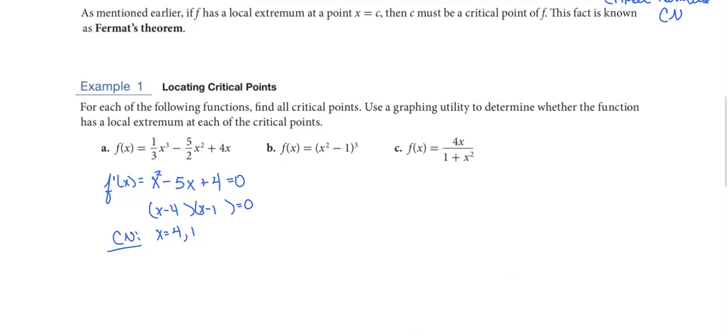Let's look at this one. We're going to take our derivative. We're going to use the chain rule: bring that exponent down, subtract 1 from the exponent, and take the derivative of the inside. I'm going to clean this up. So this is 6 times x squared minus 1 quantity squared. We're going to set it equal to 0.